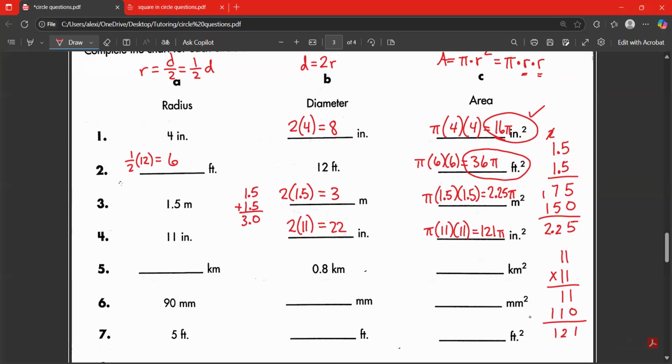All right, let's look at number 5. This time, they've given us diameter. I can't do anything with diameter to find area. I have to get the radius. So let's go ahead and calculate the radius. Well, that's the same as saying a half of 0.8 or 0.8 divided by 2.